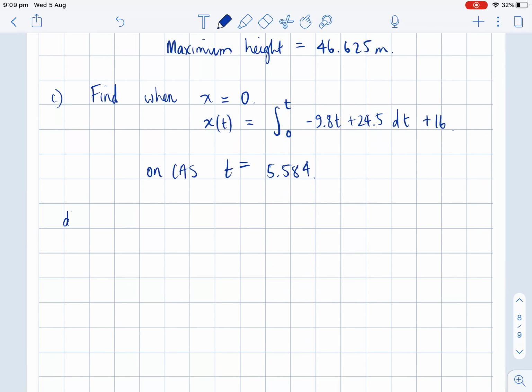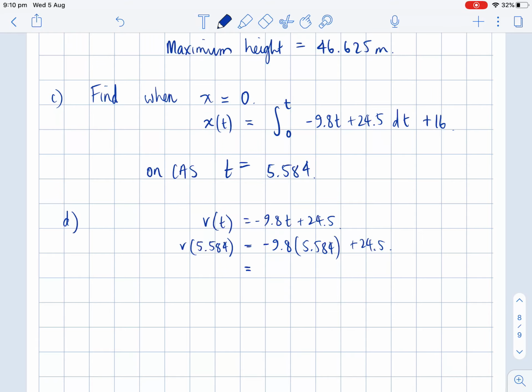So part D, velocity is equal to negative 9.8 t plus 24.5, and we want to know what it is at 5.584. So it's negative 9.8 times 5.584 plus 24.5.